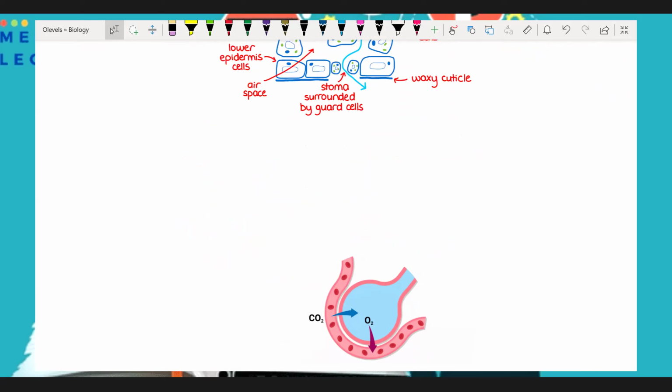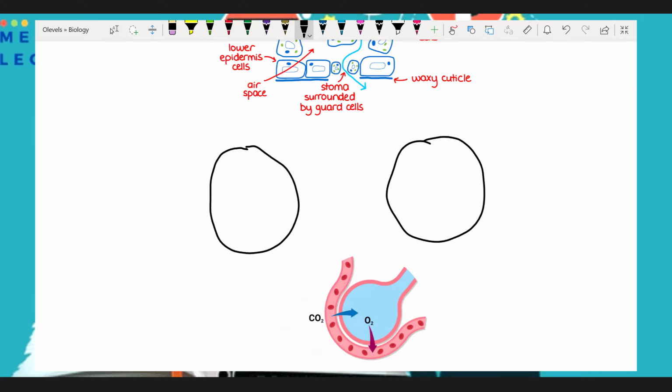Ma'am, could you explain the leaf part? Let me tell you, the one before this. For example, these are the mesophyll cells. In this one we are going to see the movement of carbon dioxide, and in this we'll see the movement of oxygen, right? Consider both of them as mesophyll cells.